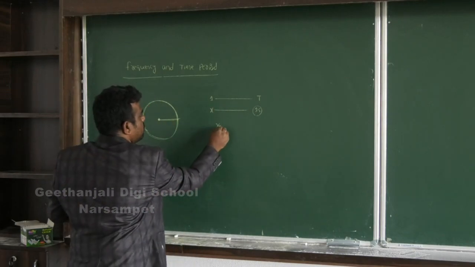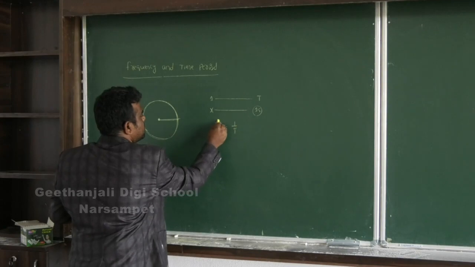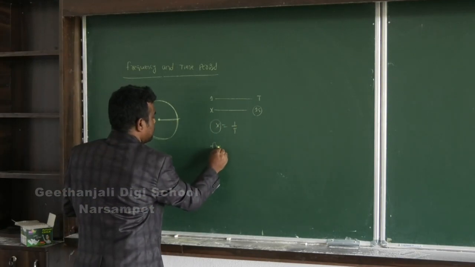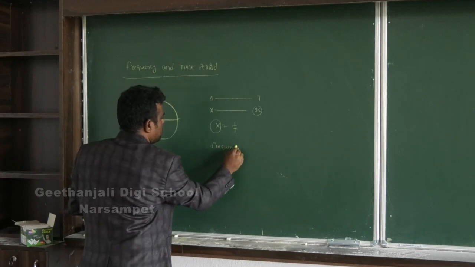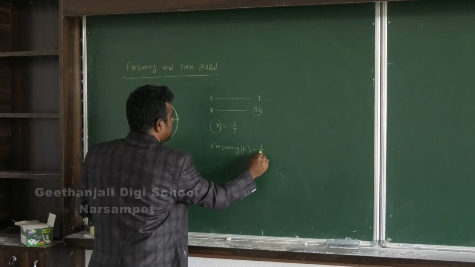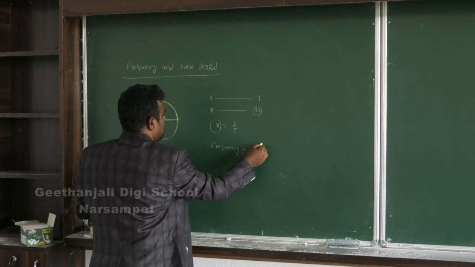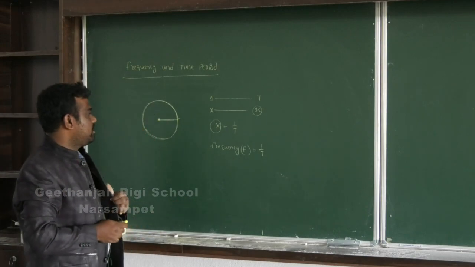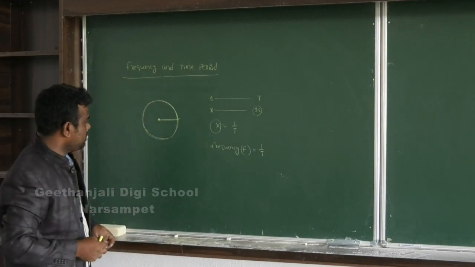Simply x is equal to 1 by t. This x is nothing but frequency. So frequency, represented with f or n, f is equal to 1 by t. The number of revolutions completed in 1 second is called frequency.